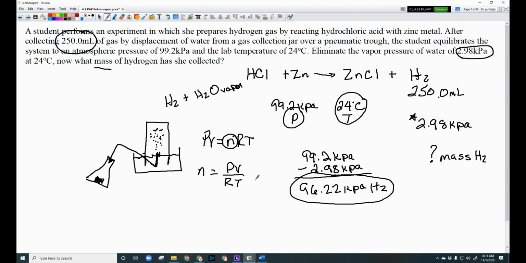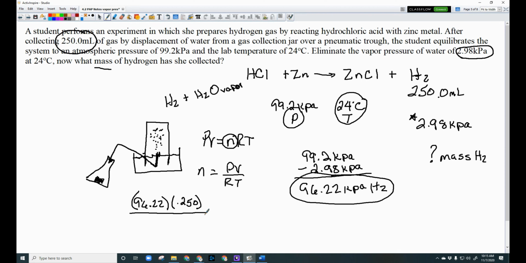So our pressure, 96.22 kPa, times the volume, which is in liters. Remember, it has to be in liters, so this is 0.250, divided by our R. So we need a gas constant, and this gas constant is in kPa, because our pressures are all in kPa.